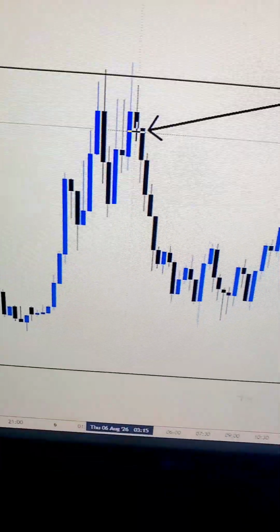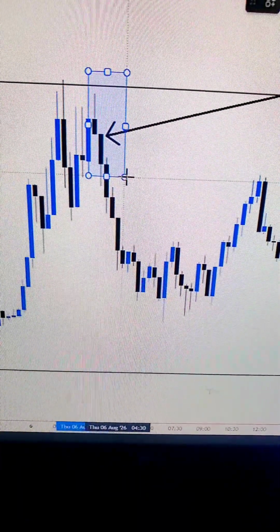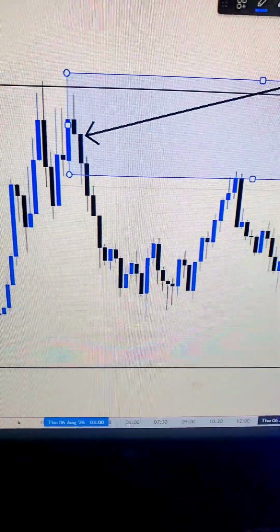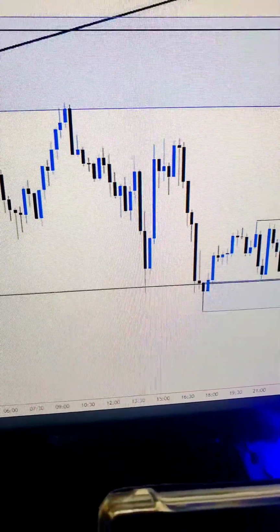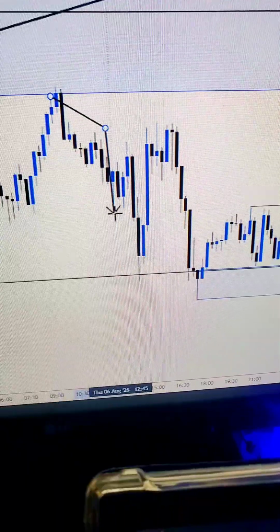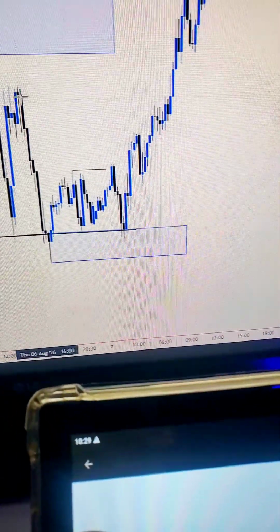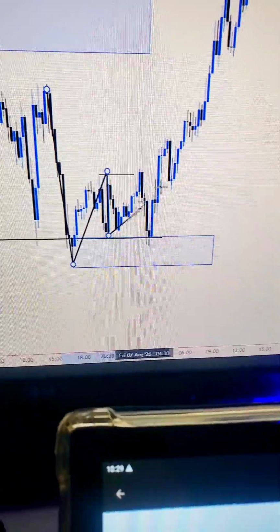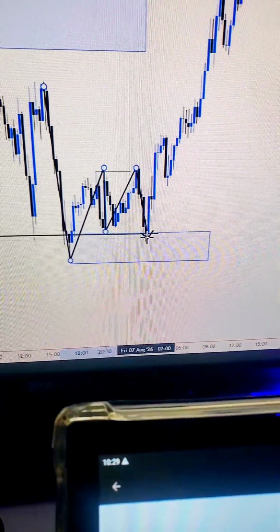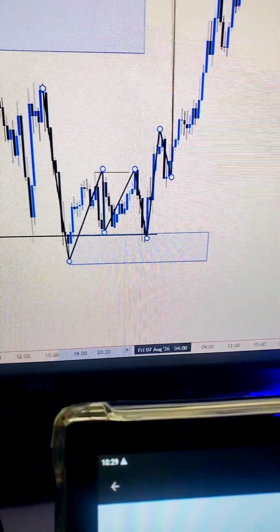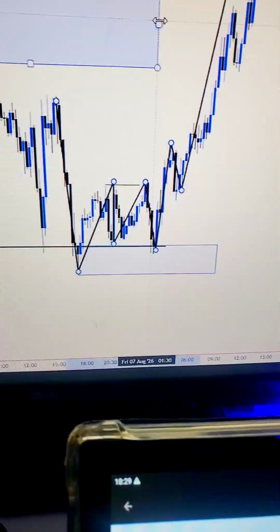This is a valid supply right there. You can see this supply is very, very valid for a sell. The price was supposed to mitigate that particular supply and sell off. But what happened? You see, price got to this place, bought, and eventually that supply failed.